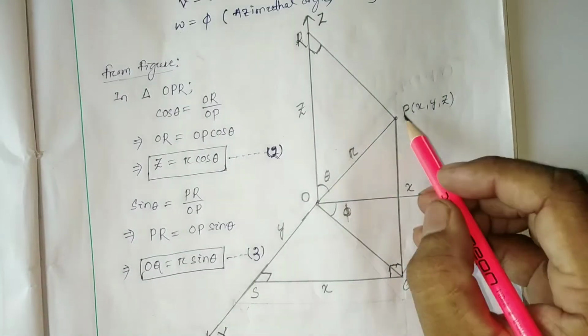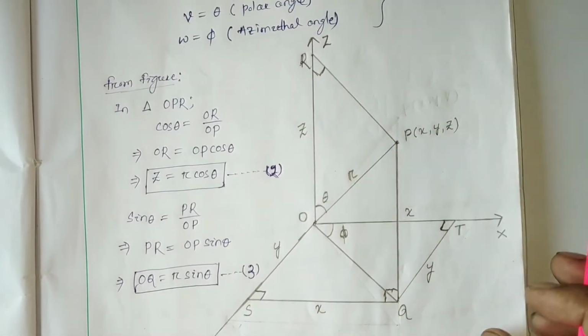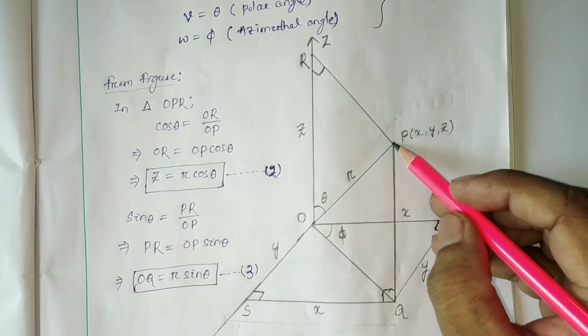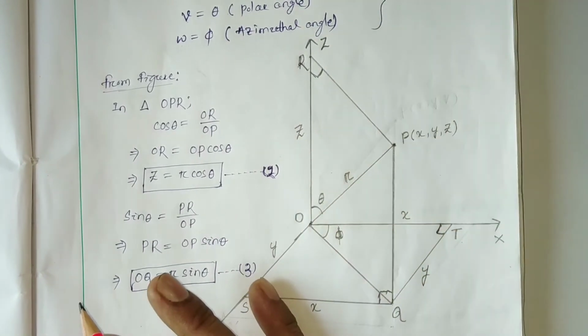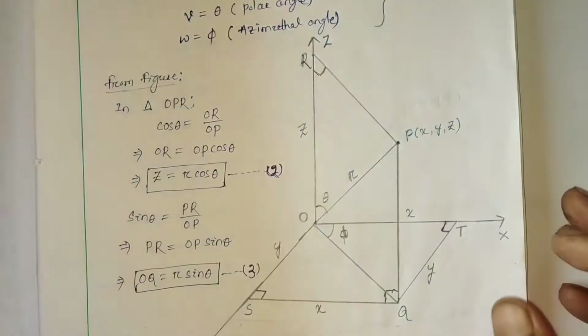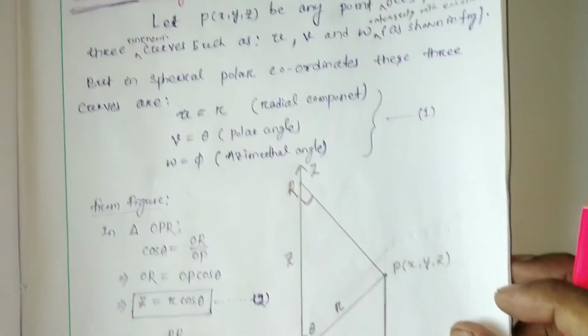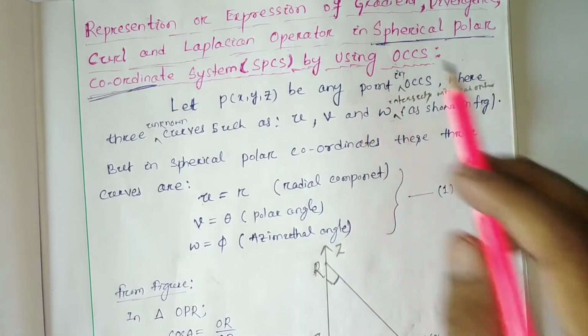So this is the point P where the three curves intersect. We already discussed this in that video, the previous one where we discussed the importance of OCCS.